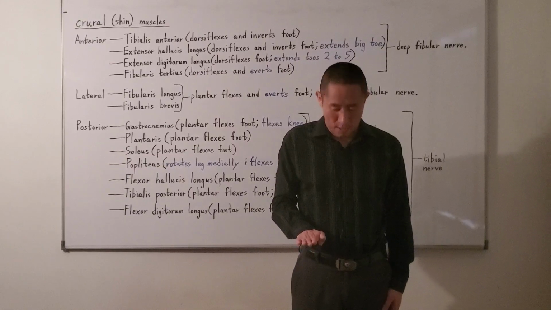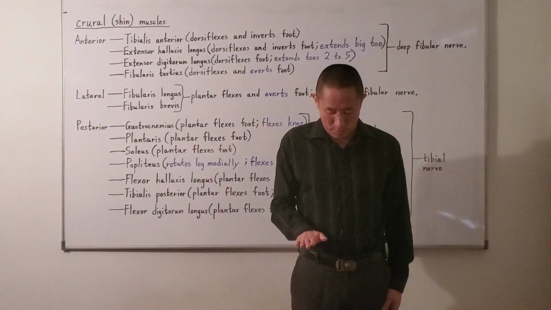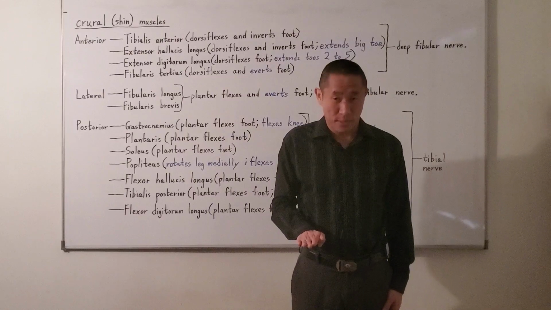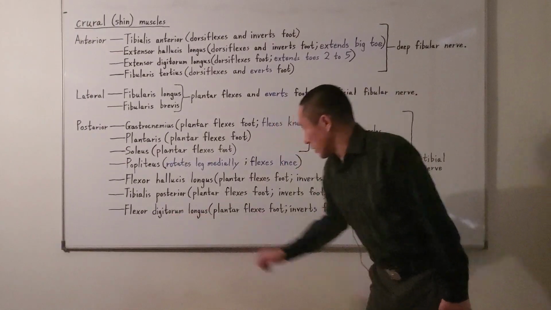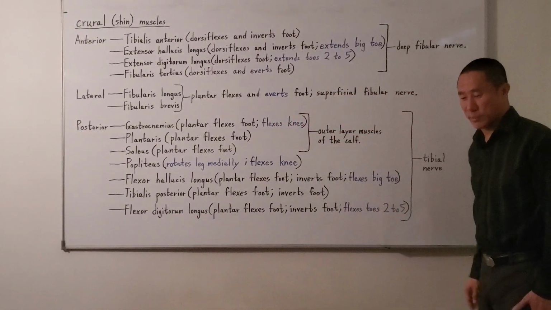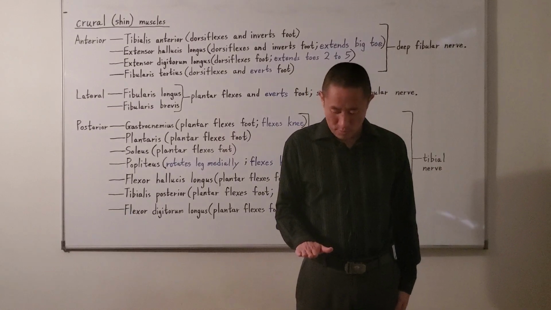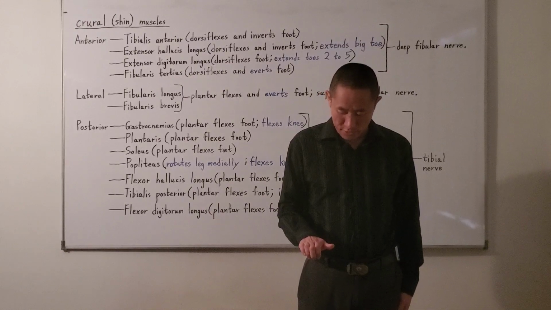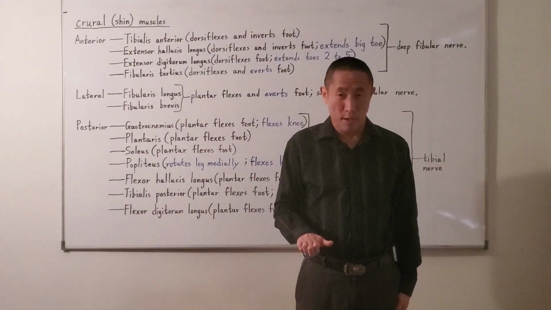So when the big toe is bending toward the floor, that will be flexing the big toe. While we said that flexor digitorum longus flexes the rest of the toes. That means when the rest of the toes are bending downward, toward the floor, that would be considered flexing the rest of the toes right here.